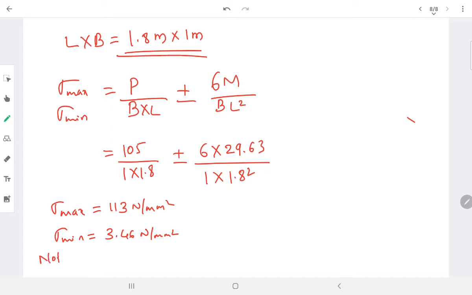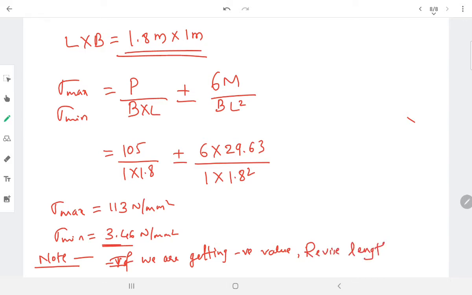Note that we should not get a negative value in this sigma minimum. If we are getting a negative value, what should be done?